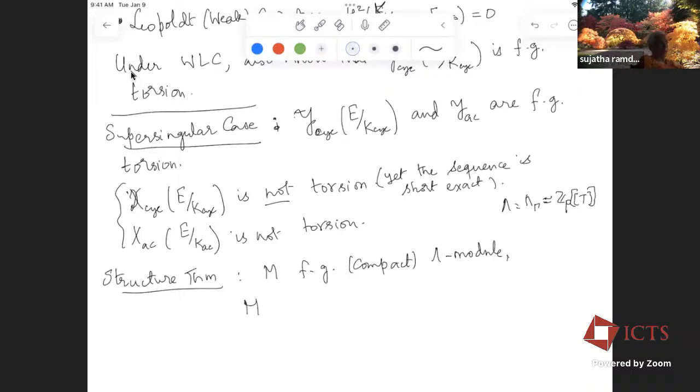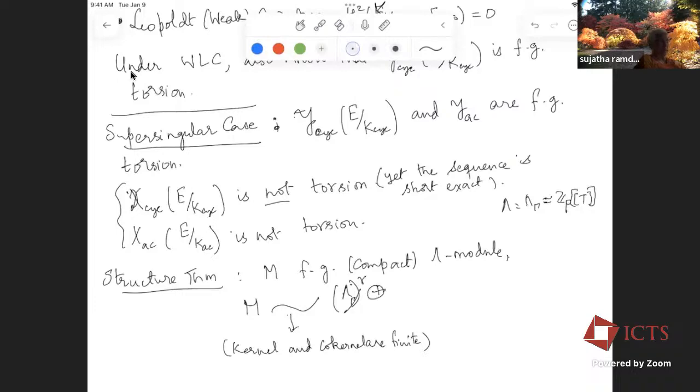Then M is pseudo-isomorphic. This just means that there's a Lambda homomorphism whose kernel and cokernel are finite. So up to finite modules, M just looks like there's a free part, Lambda to the power R, this is the rank.